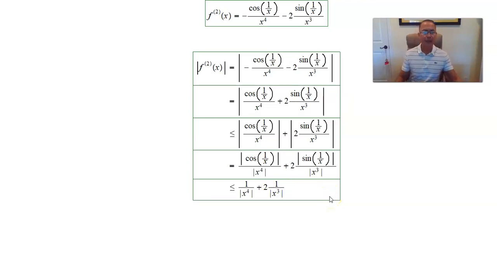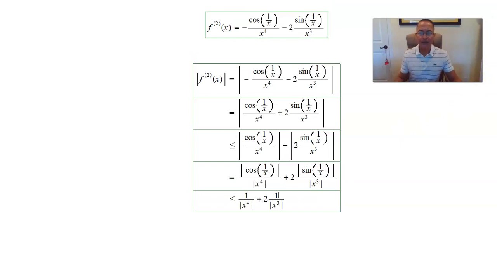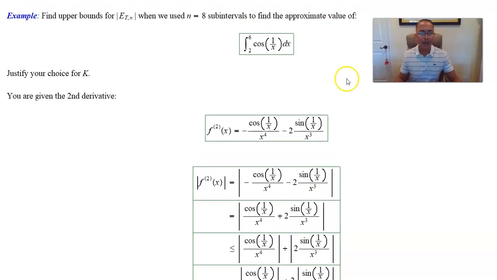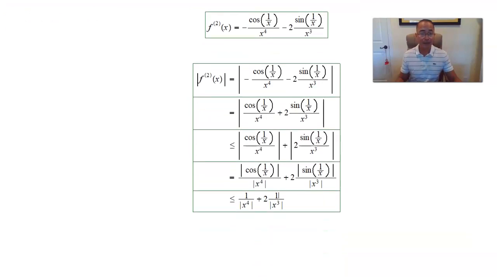What's our interval again? Let's go back here. Our integral is from 2 to 6, so x is between 2 and 6: 2 less than or equal to x less than or equal to 6.